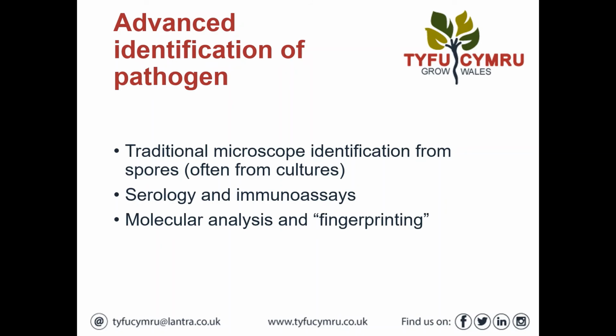There are also techniques which involve immunology, so specific ways of testing for antibodies that bind to the pathogens and can be used to identify specific species. So serology and immunoassays are involved in this.